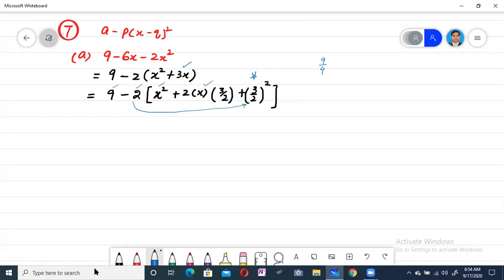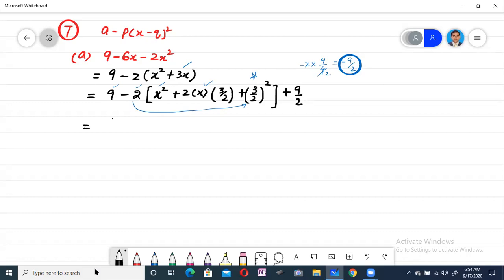When we simplify this, cancelling with 4, here will be 2, it will be minus 9 divided by 2. It means minus 9 by 2 is the extra. We subtracted 9 by 2 here, then we have to add it also to make this balance. Plus 9 divided by 2.